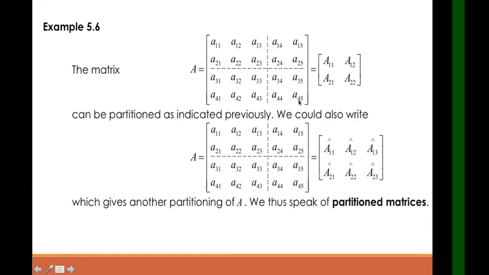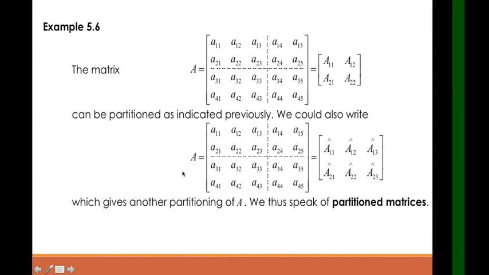Example, the matrix A, this one is A sub 11 up to A sub 45. Remember, these are not numbers; the subscript 45 means the fourth row and fifth column. Then A is equal to A sub 11, A sub 12, A sub 21, and A sub 22 can be partitioned as indicated previously.